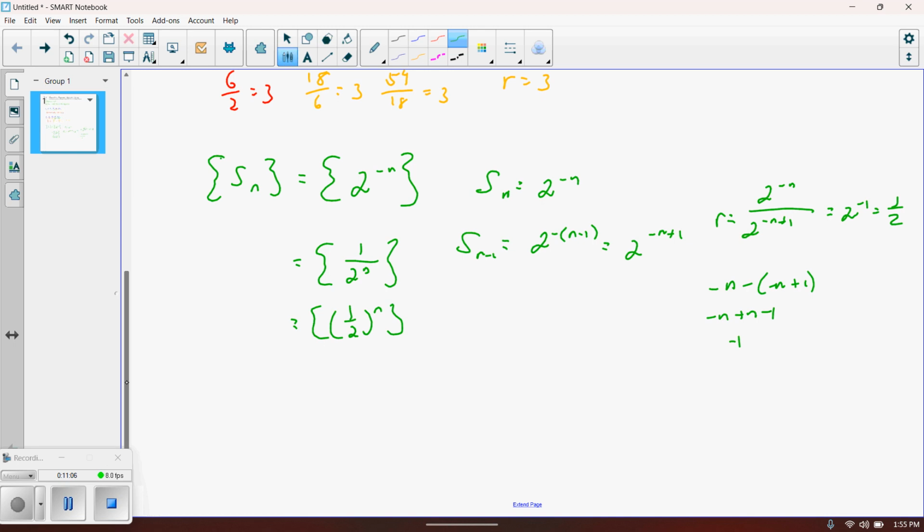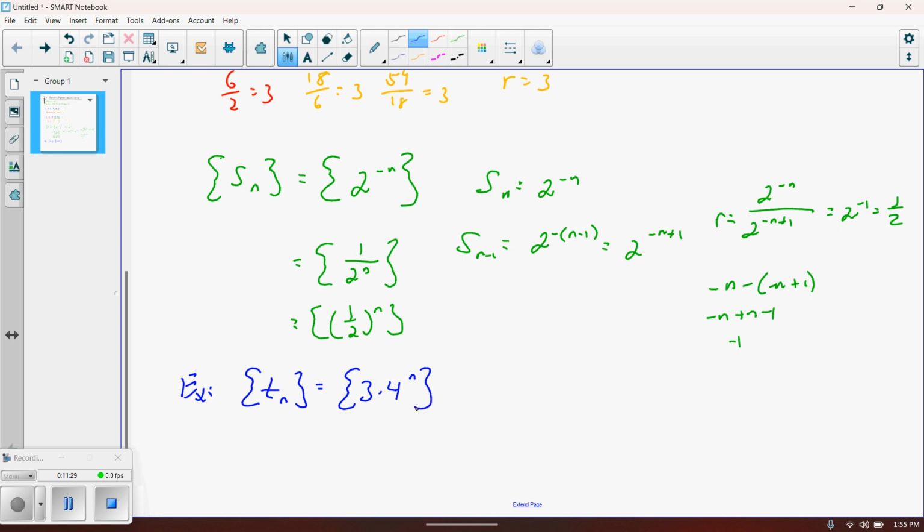So let's just do a real quick example. If I had this as my sequence, we're going to call this some kind of a t sub n, and my sequence is 3 times 4 to the n power.